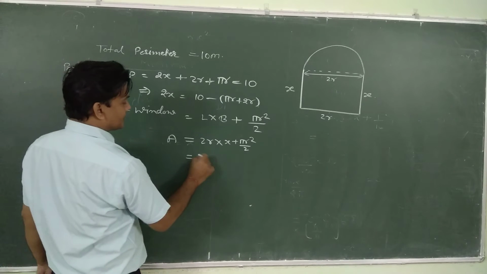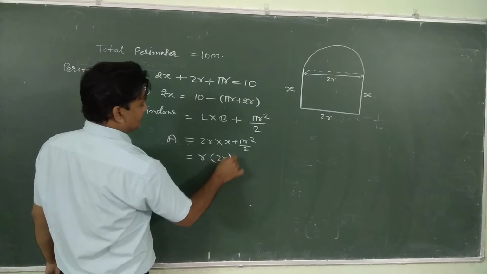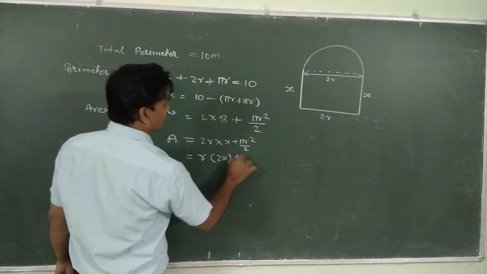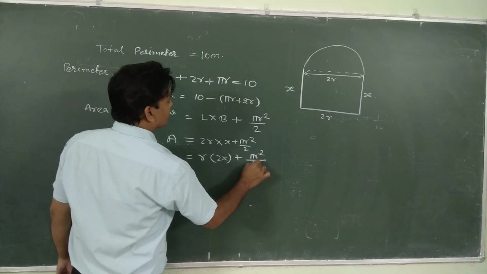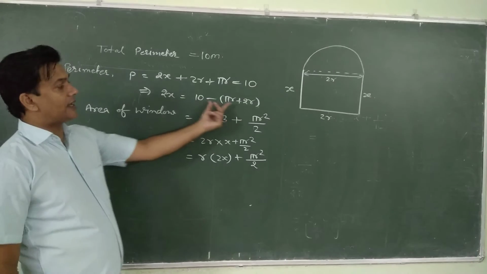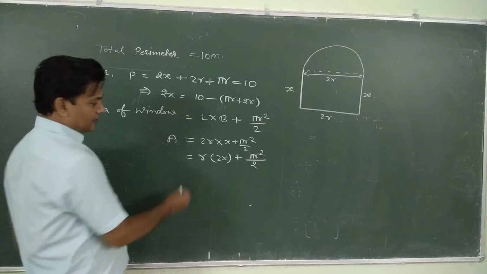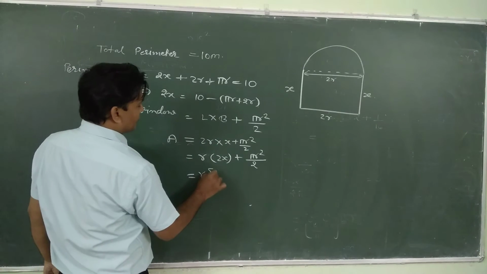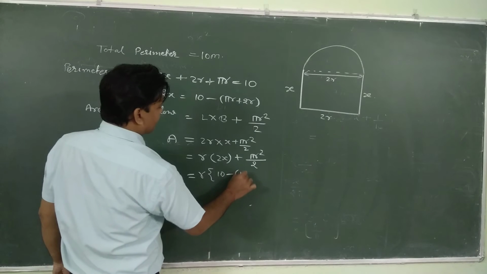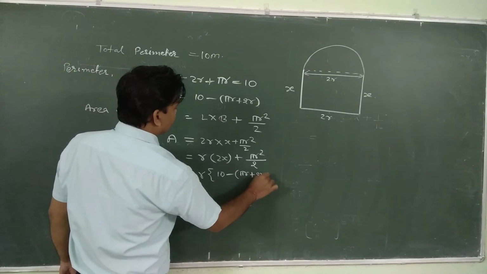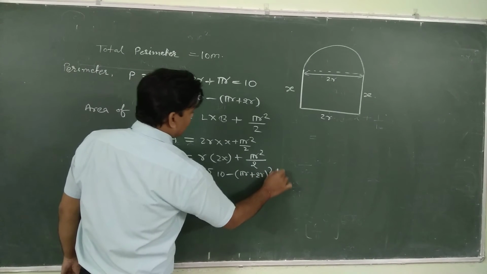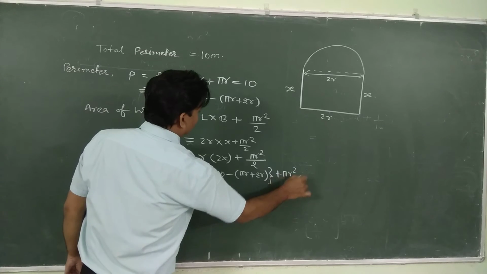Taking r separately and 2x together, the value of 2x is 10 minus pi r plus 2r. Substitute at this place: r into (10 minus pi r minus 2r) plus pi r squared upon 2.